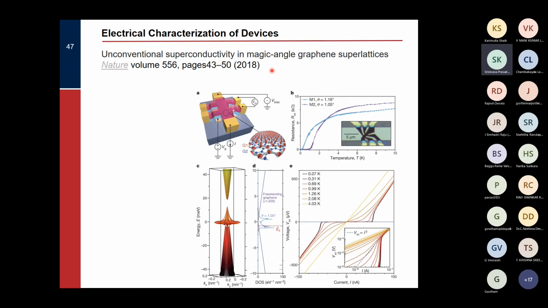Like I said, graphite is an insulator, graphene is conducting, but if you take 2 layers of graphene and rotate them by a very small angle, let's say 1.1 degree, then the resistance completely disappears at a very low temperature. So it becomes superconducting. You can imagine how material properties at nanoscale can change. The same material is becoming completely resistance-less.